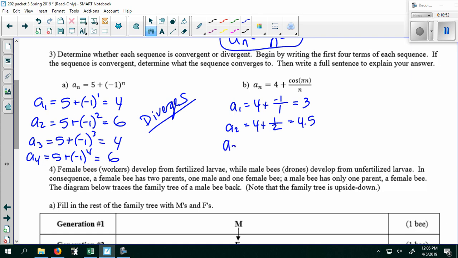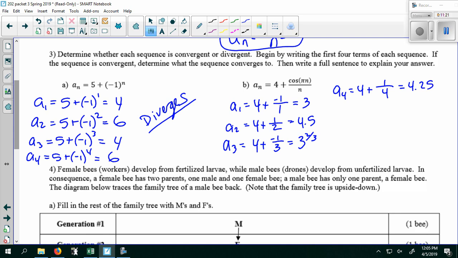And then a3 is 4 plus the cosine of 3 pi, which is negative 1, over 3, so negative 1/3. 4 minus a third is 3 2/3. And then a4 is 4 plus the cosine of 4 pi, which is 1, over 4, so that's 4 1/4.